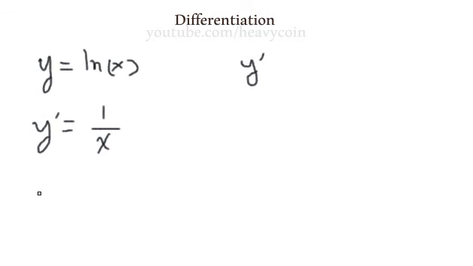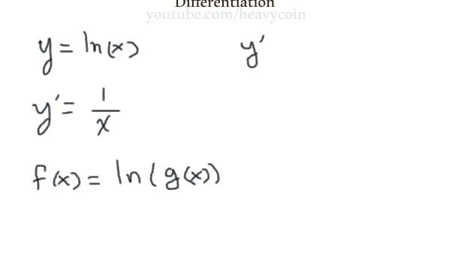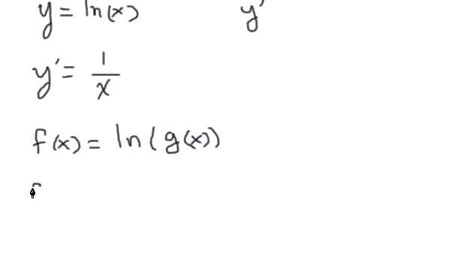Let me write, let's say for example we had f of x is equal to the natural log of some function in here. We'll just call it g of x. And we wanted to take the derivative. We want to find f prime of x.